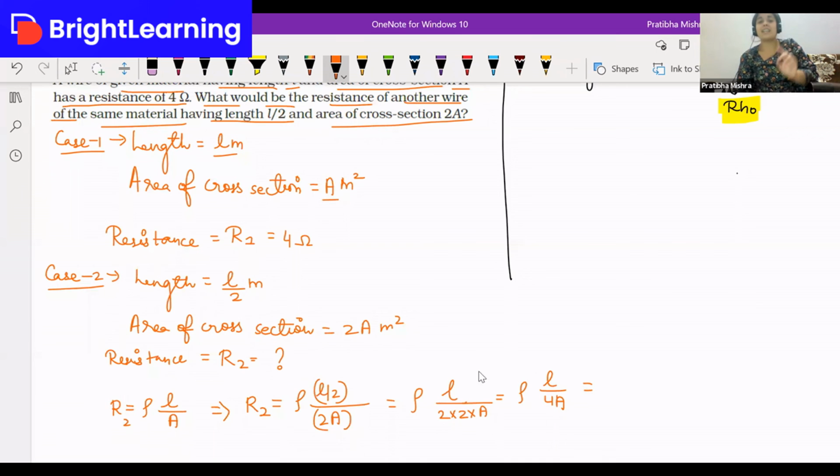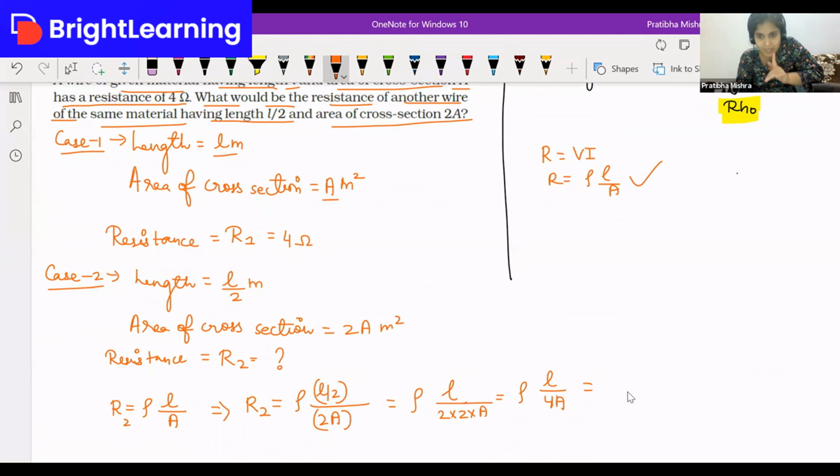So rho L by A is the formula of resistance with the help of resistivity. So they have given us two formulas till now. R is equal to V by I and also R is equal to rho L by A. So we are using this formula, right? Now, this 4A, you have to convert this equation into the original form back.